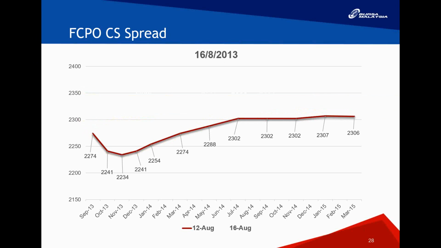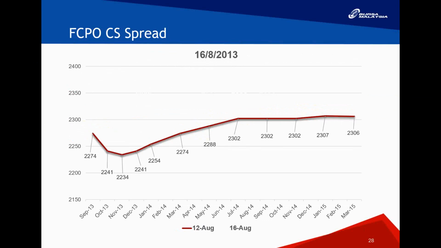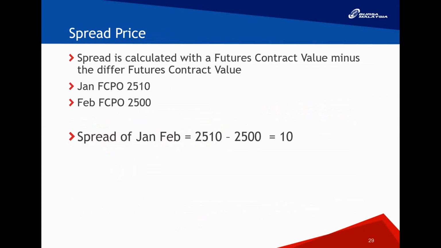Okay. For example, in this contract, you can see that the spread price or the price curve are at different levels, but how spread is priced, let me explain in a little bit. Spread price is calculated as the futures contract value minus the deferred futures contract value.